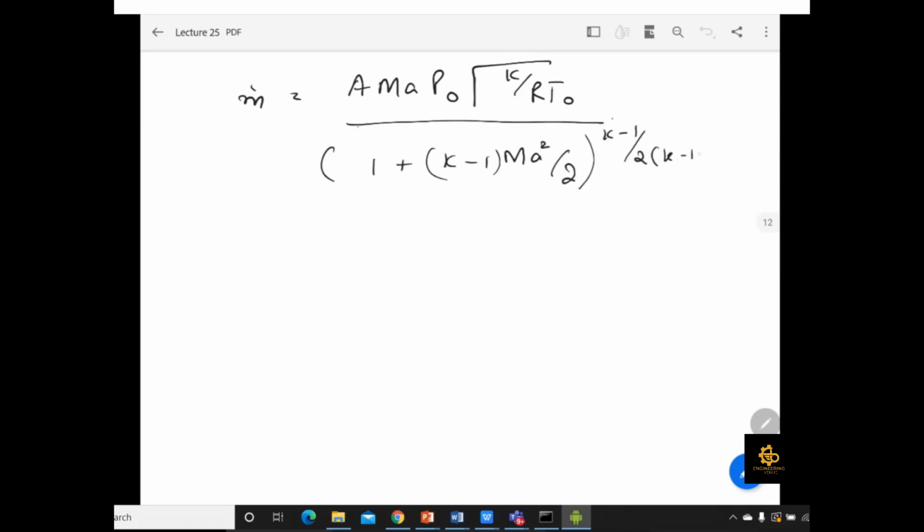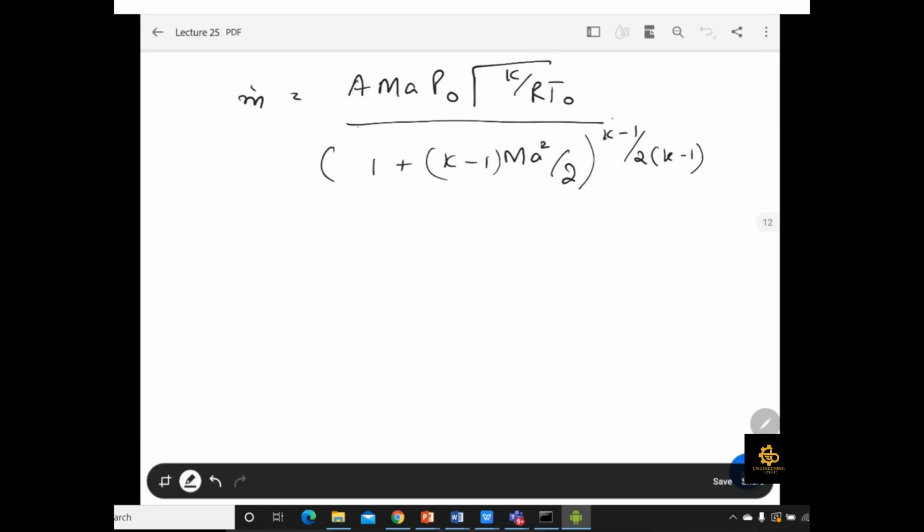So if you know the area, the Mach number at that point, the stagnation pressure, the stagnation temperature, the gas constant, whether it is air or any fluid, and the specific heat ratio, you can easily find the mass flow rate at any point.